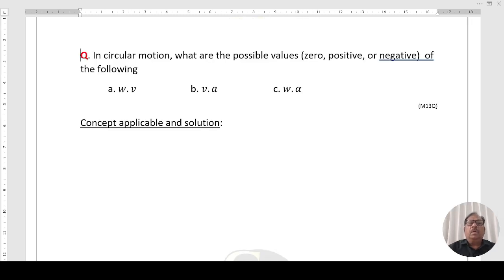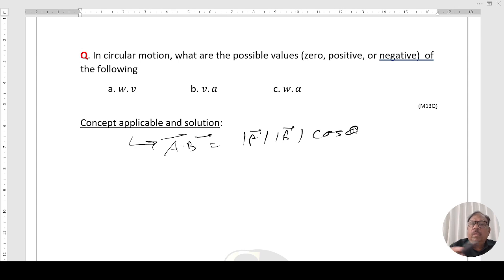Question is, in circular motion, what are the possible values, 0, positive or negative, of the following? Concept applicable: you know, A dot B equal to magnitude of A, magnitude of B into cos theta.